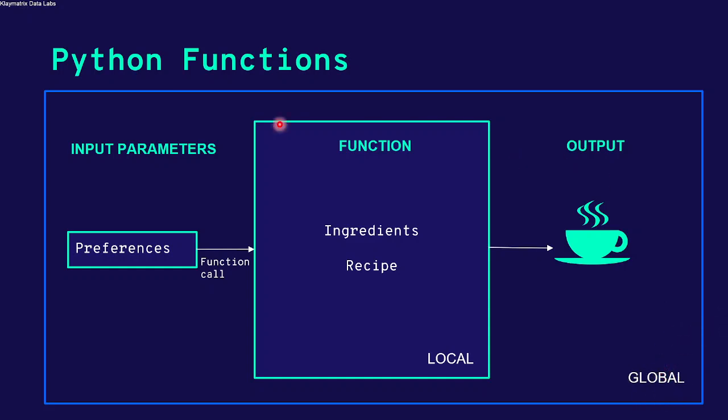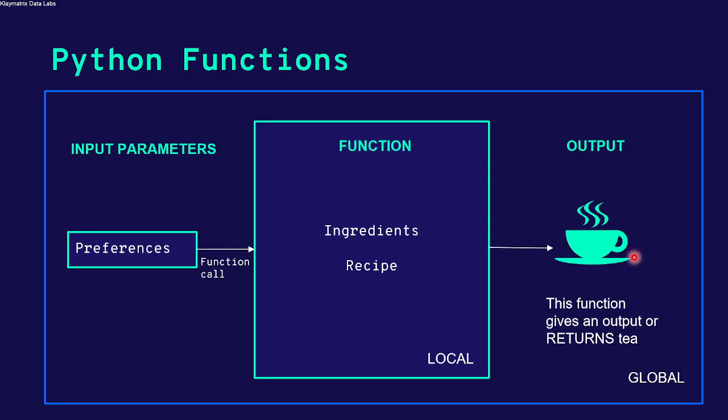For example, the input parameters are global variables, which are available anywhere inside this blue box, including this function. But the local variables like ingredients and recipe are not available outside this green box. So this is the concept of local and global variables.